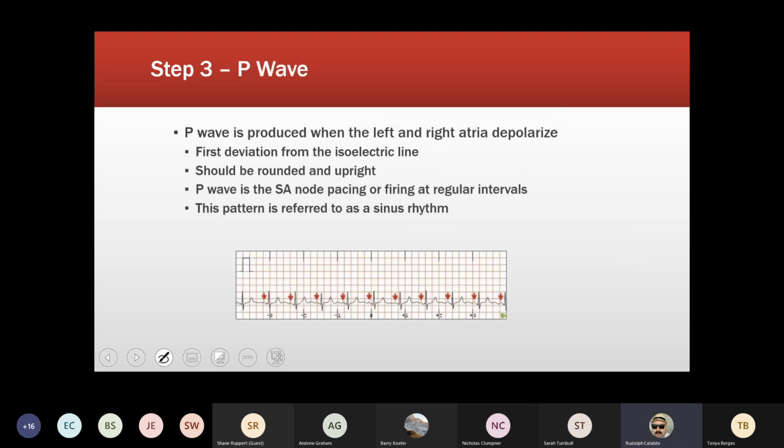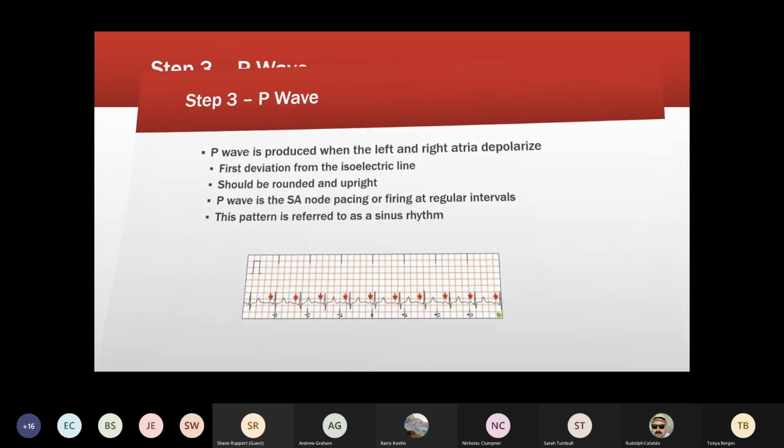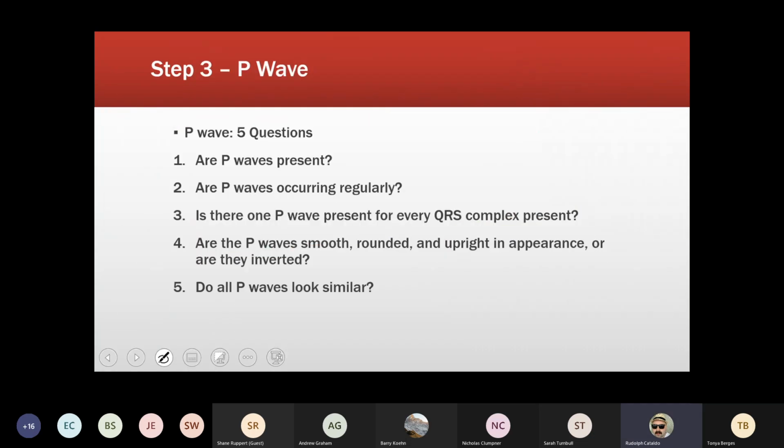Again, does our rhythm have a P wave? I'm not going to beat that horse. Do the P waves look alike? And there's a reason for that. When we get to 12 leads, it'll make a little bit more sense, but our P waves are all supposed to look uniform when it comes to our complexes, right?